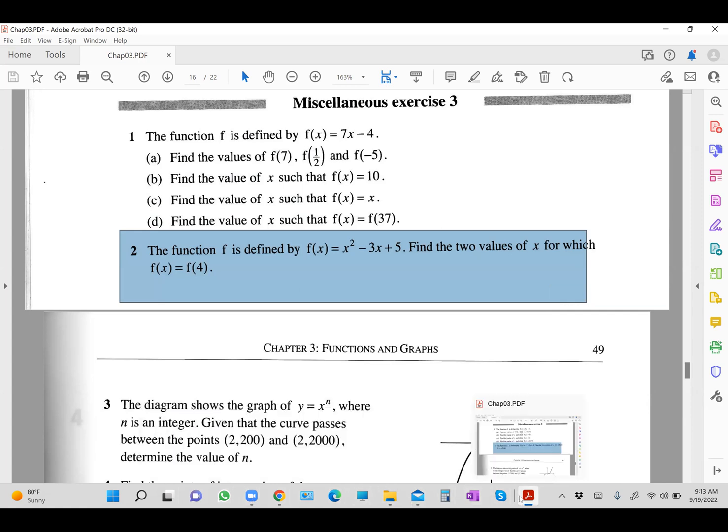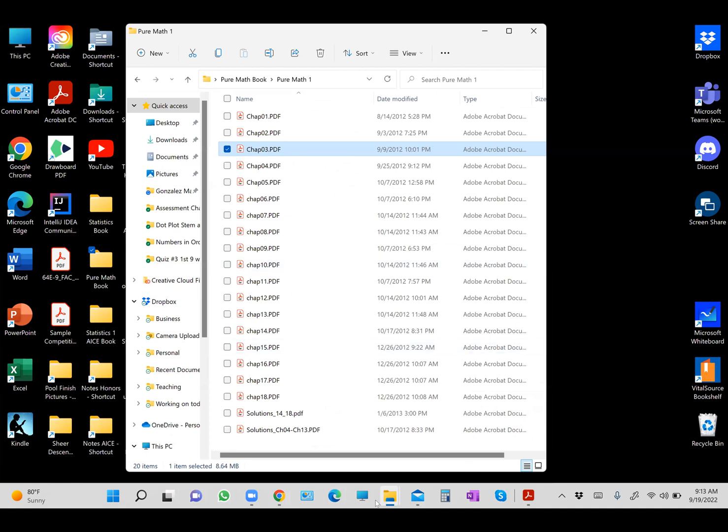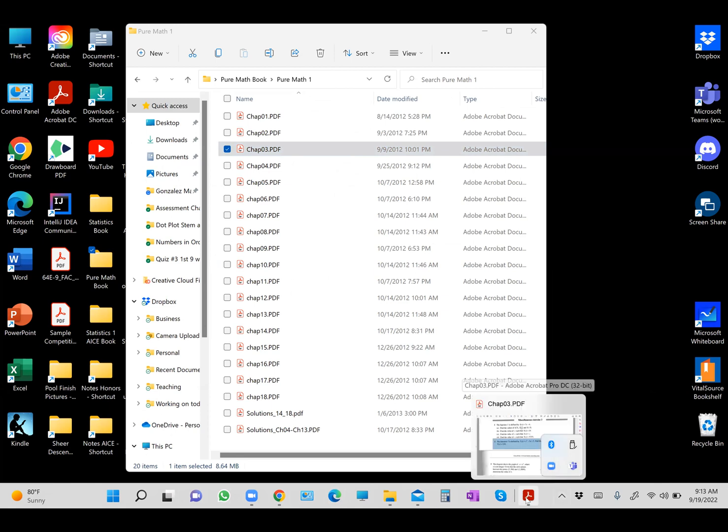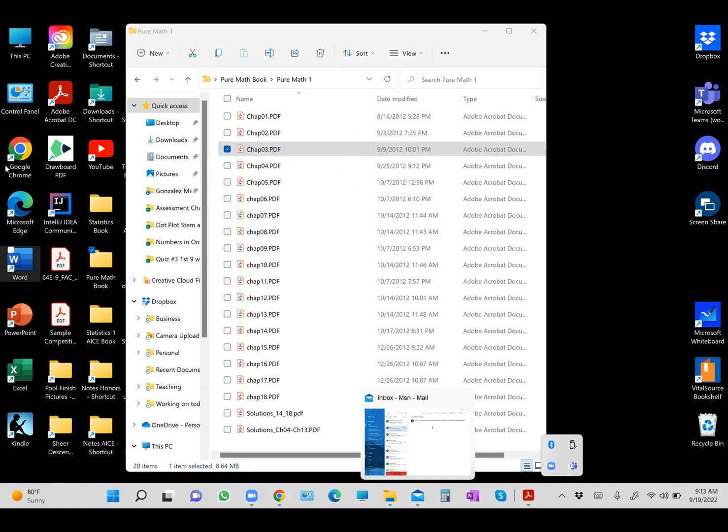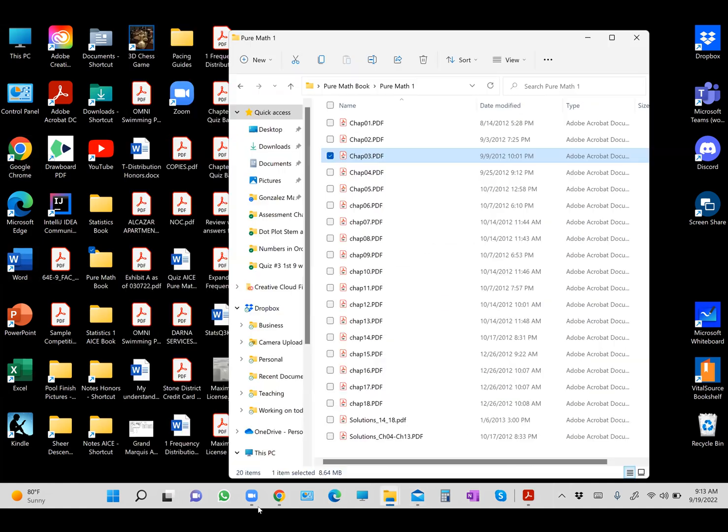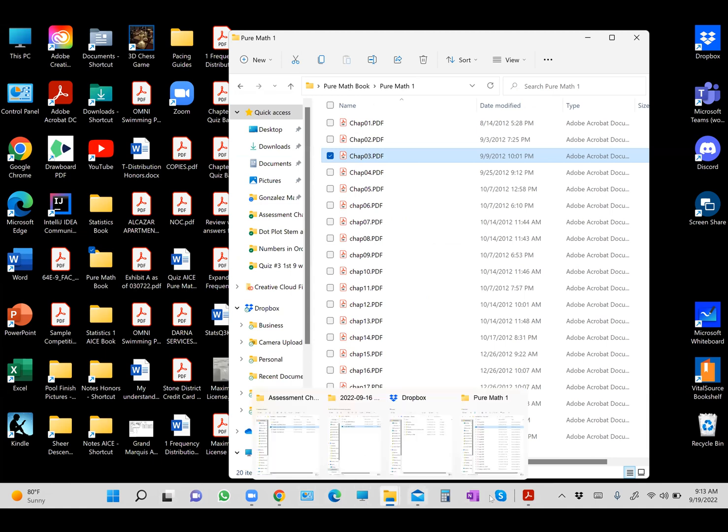Where's the whiteboard here? Oh my gosh. Okay, let's find it. I didn't close it. Where's the rest of my stuff? Wonderful. I can't find my whiteboard. Let me see. The whiteboard should be here. All right, where's the whiteboard?